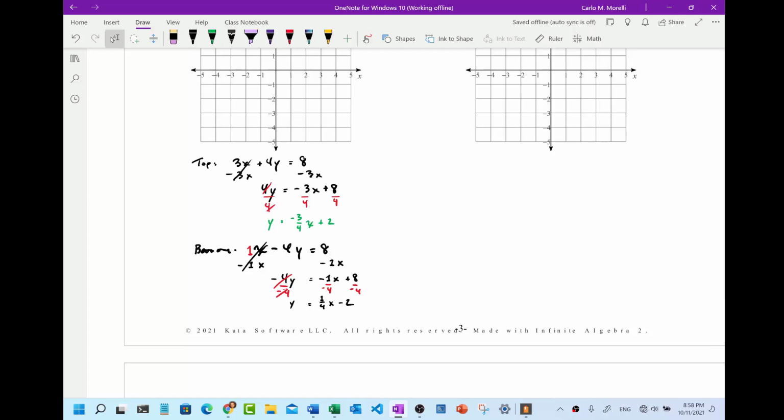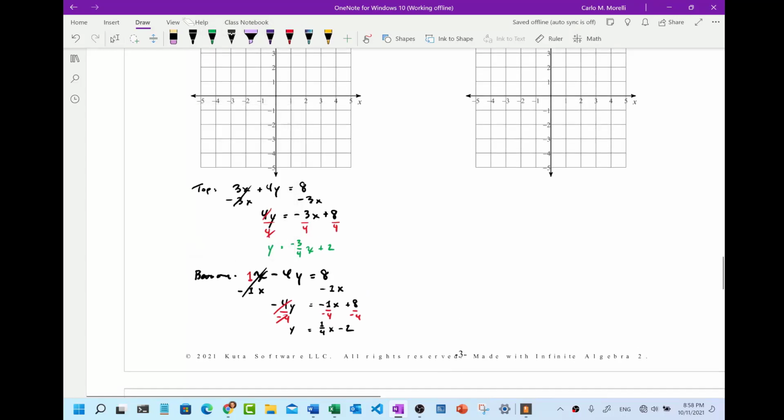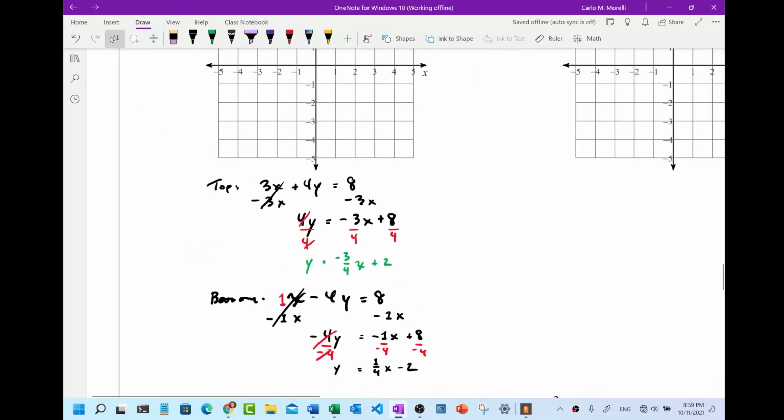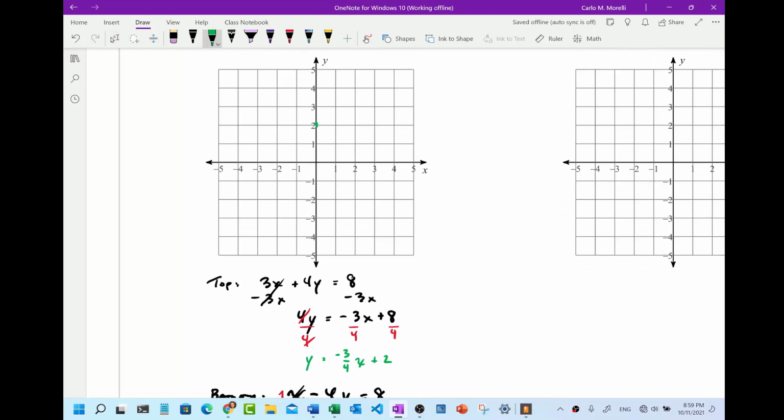I can plot them. And so we'll plot the green one in green, start at the y-intercept of 2, and then go down 3 over 4. All right?